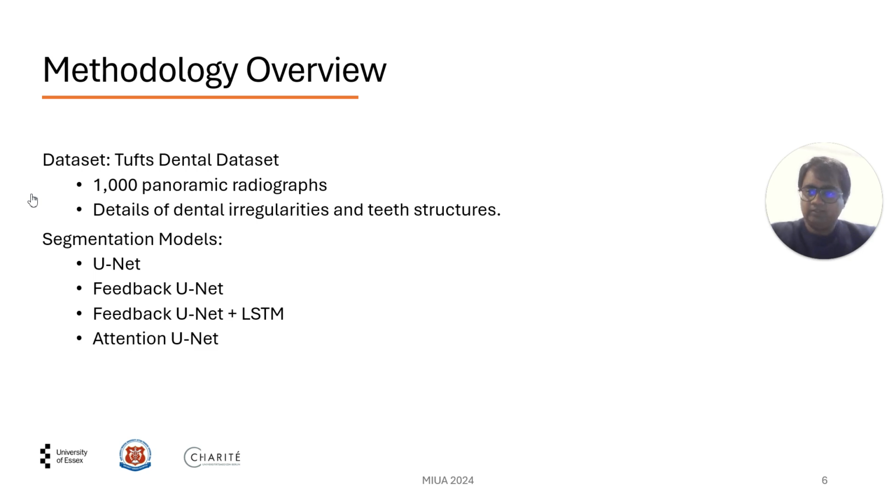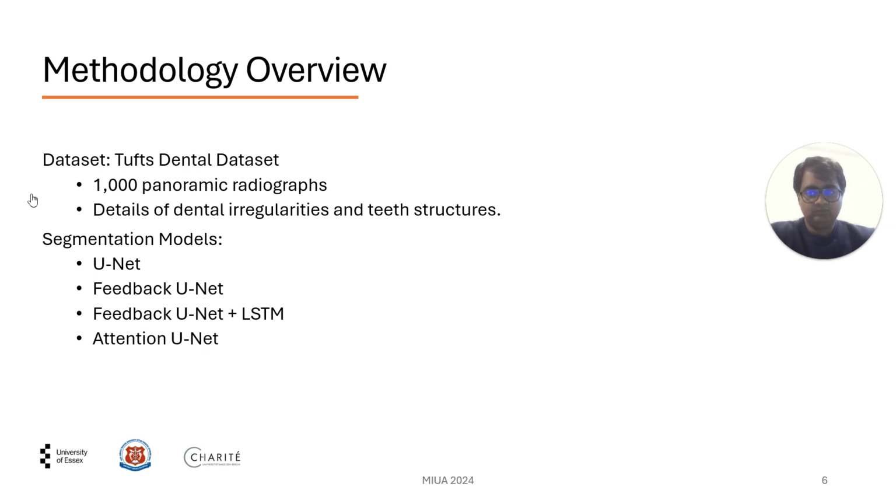Coming to the method, in this research we use a public dataset, the Tufts Dental dataset. It consists of 1,000 panoramic images. For the segmentation models, we use UNet, and mostly the family of UNet, which includes the feedback UNet with LSTM and also the attention UNet. In reviewing the literature, we saw that UNet performed very well on medical datasets.